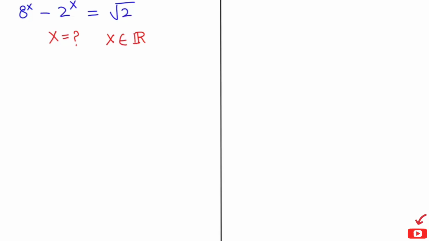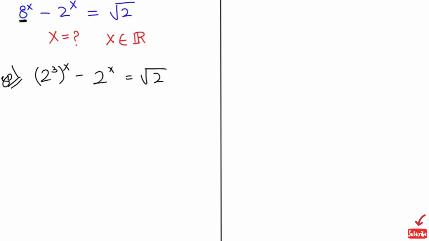In the first step, I am going to change this 8 into the form of a power: 2 to the power of 3, whole to the power of x, minus 2 to the power of x is equal to root 2.